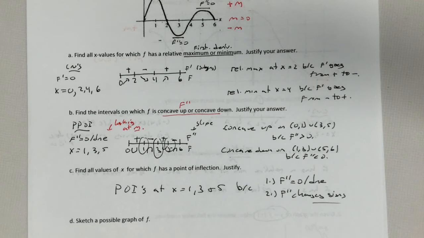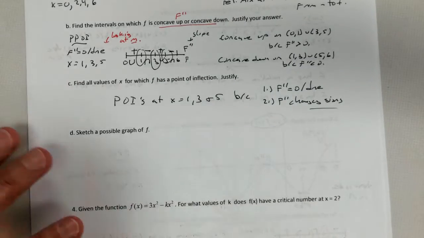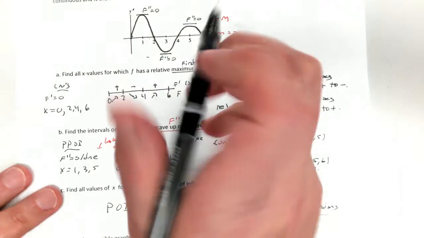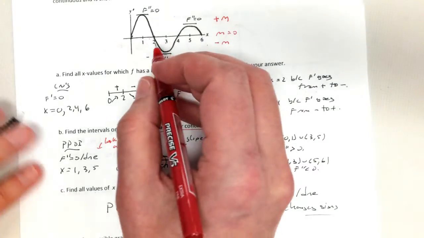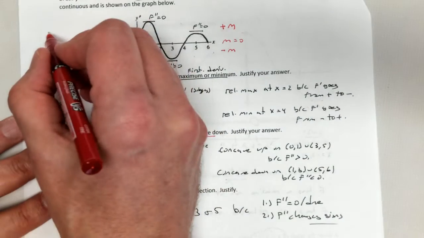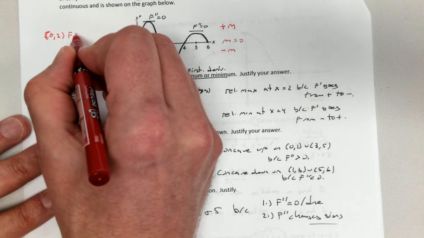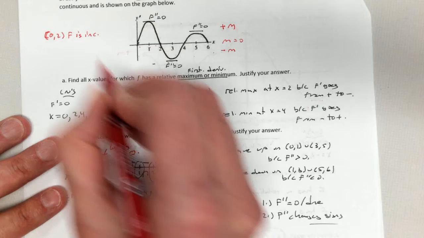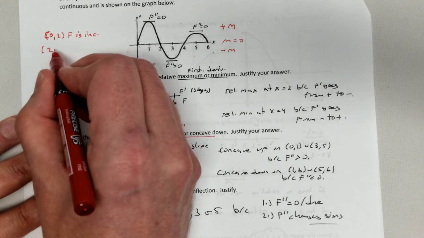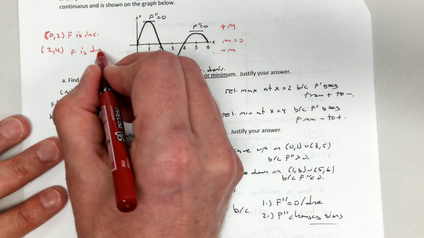All right, so let's get to the fun part. Let's sketch a possible graph, see what f looks like. Remember, this is my derivative graph. Now, what this is telling me is that between 0 and 2, the function is increasing. On 0 to 2, we know f is increasing. On the domain 2 to 4, because we're below, we know f is decreasing.